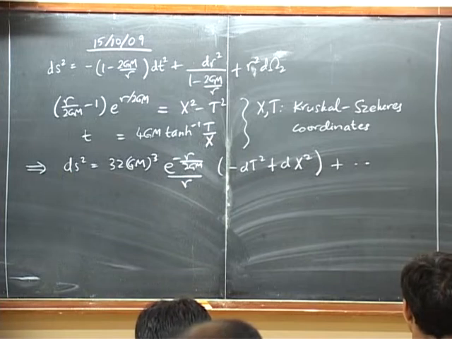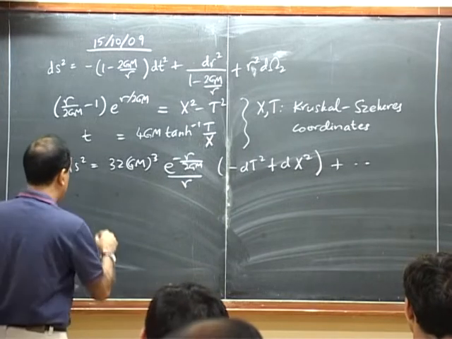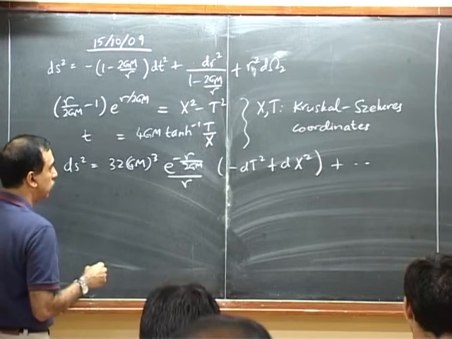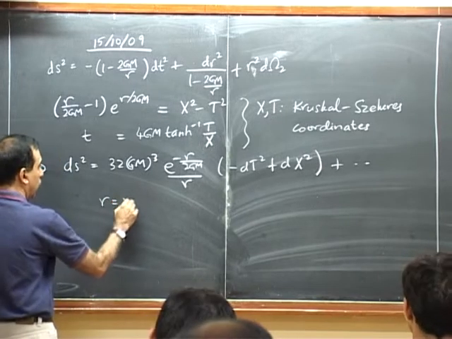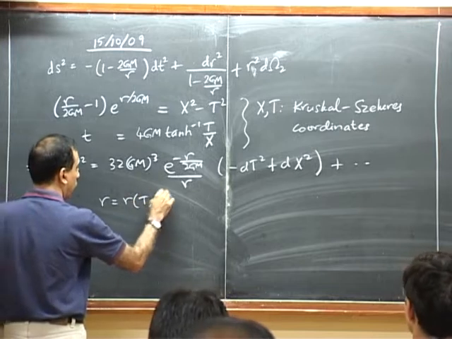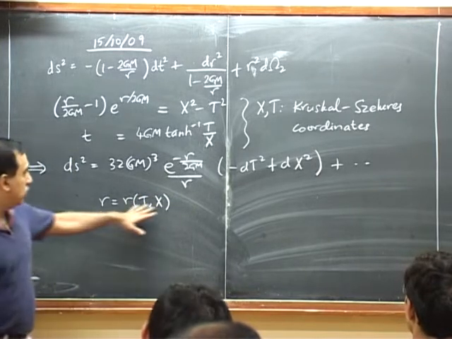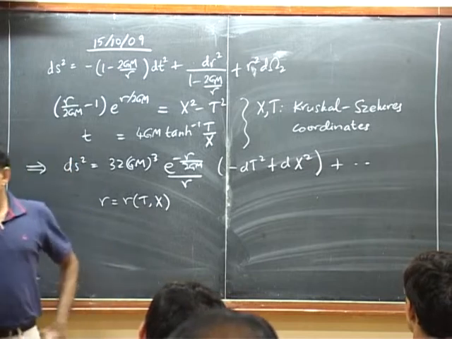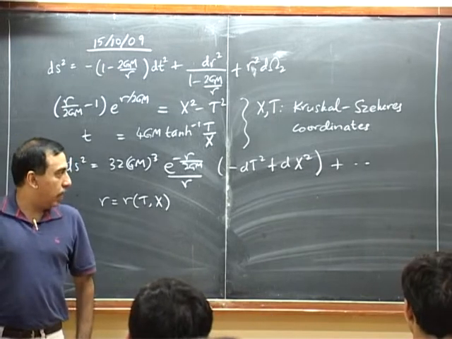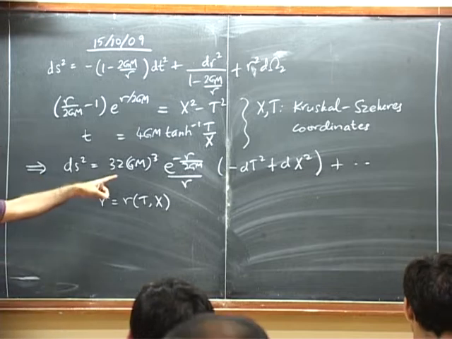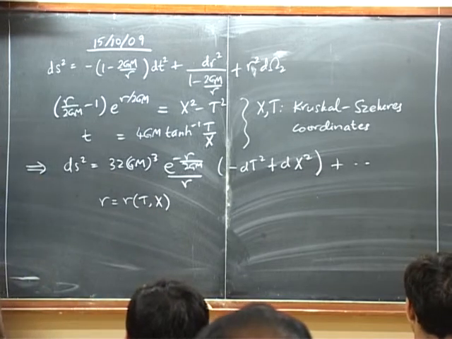And this shows clearly that at r equals 2GM, so here r is defined implicitly in terms of t and x. So r equals r of t and x, and I won't remind you exactly how that goes, but there's some function. Okay, so the strategy is, first of all, we use this to argue that there's nothing strange happening at r equals 2GM.